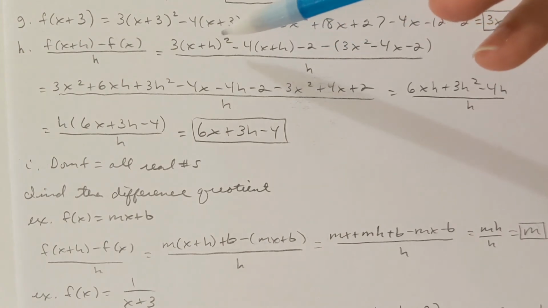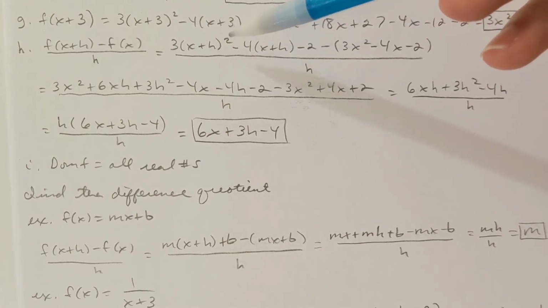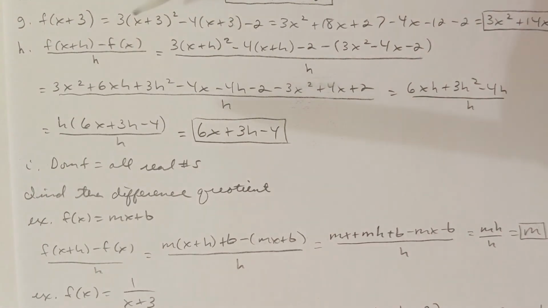Okay, x plus h squared times 3 gives me 3x squared plus 6xh plus 3h squared. Minus 4x minus 4h minus 2 minus 3x squared plus 4x plus 2. Some things canceling here.